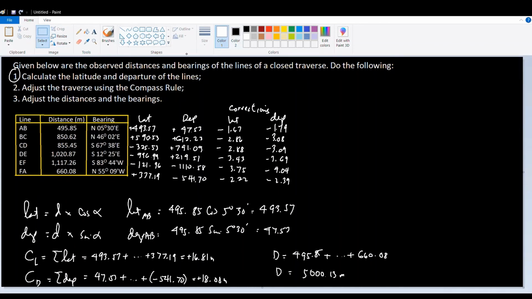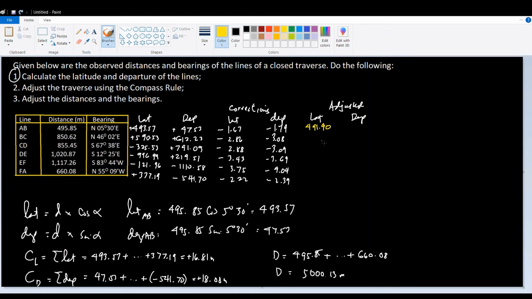So, we need to adjust now the latitudes and the departures because we know the corrections to be applied. So, adjusted latitude and departure. For line AB, 493.57 minus 1.67. Okay? So that should be 491.90.